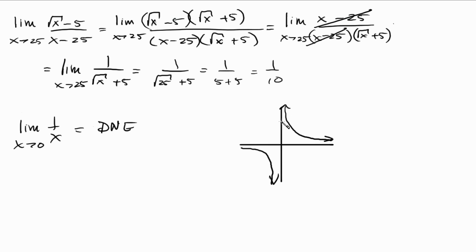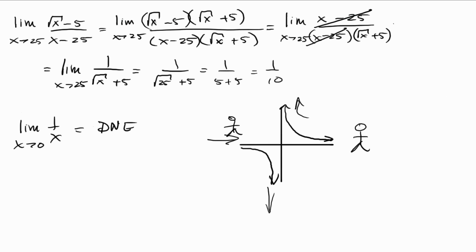But the problem is that it makes this swoop effect where you're going swoop this way and swoop that way. So it looks like it's going in two completely different directions. If you were walking this way and you were walking this way, does it look like you're going to the same place? Nope, you're going in two different directions. That means it does not exist. Even though there's nothing in the middle right here at 0, there's no value for it, still you're going in two different directions.